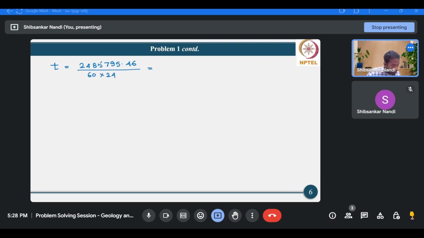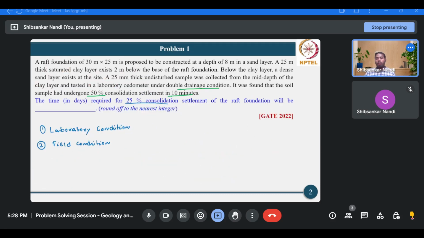So divided by 24 into 60, approximately 1727 days. And this is the answer. So this much time will be required for 25% consolidation settlement of the raft foundation to occur.